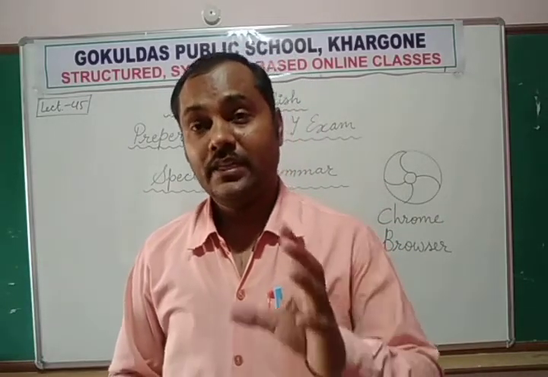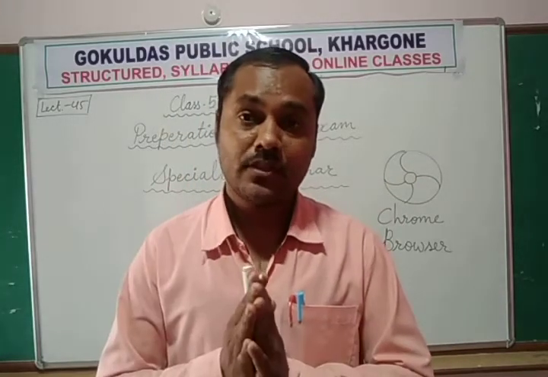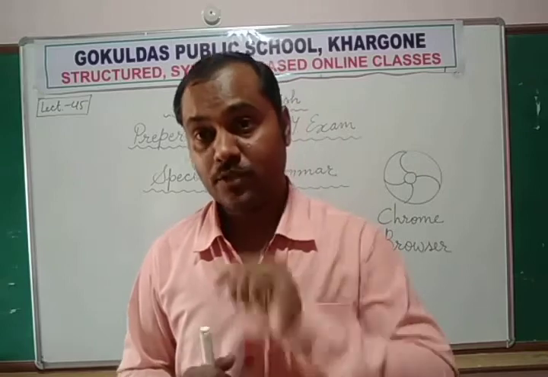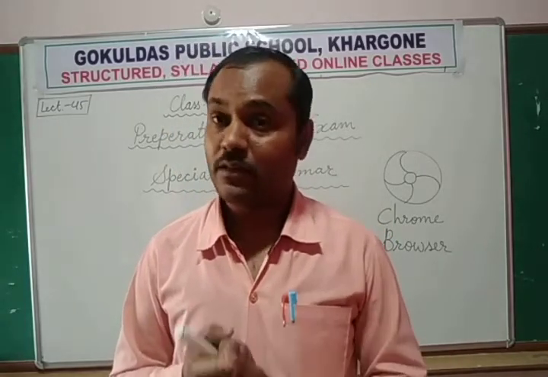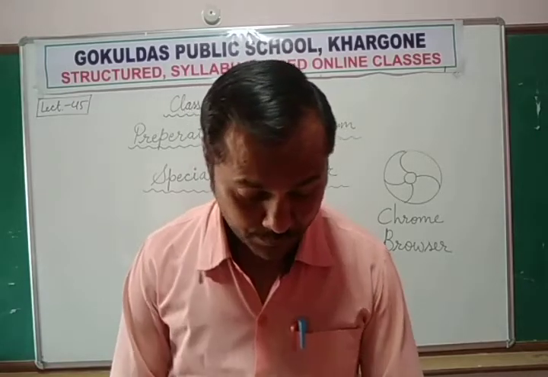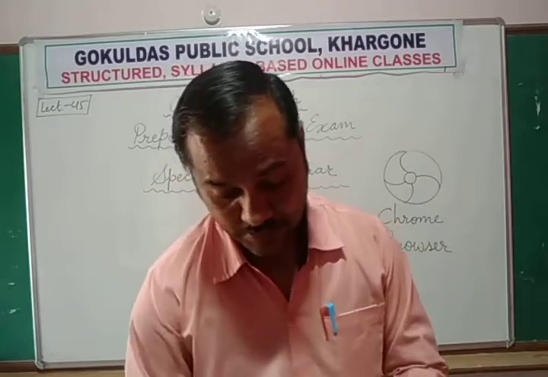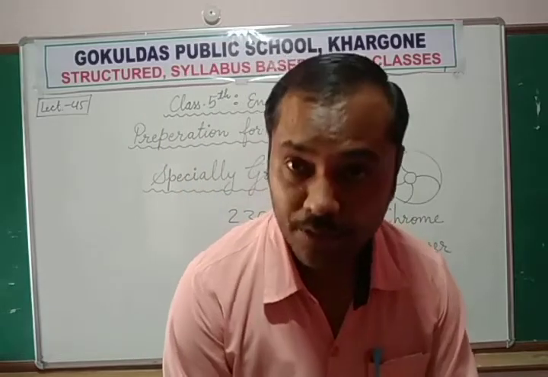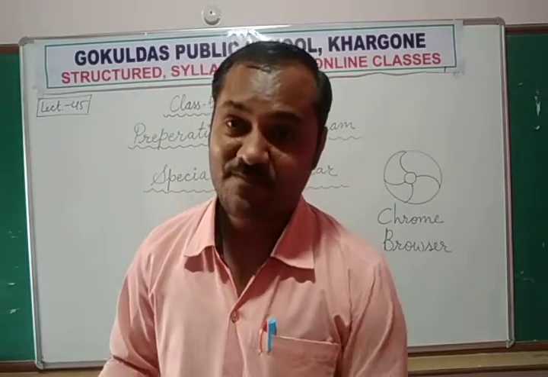Then 10 questions will be based on your textbook chapters. 4 chapters we are going to include. What are the 4 chapters? Chapter number 1 is The Hot Rice Plate. Chapter number 2 is a poem, so you should also learn the names of the poets.